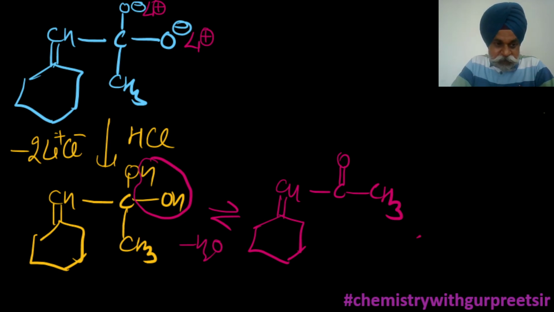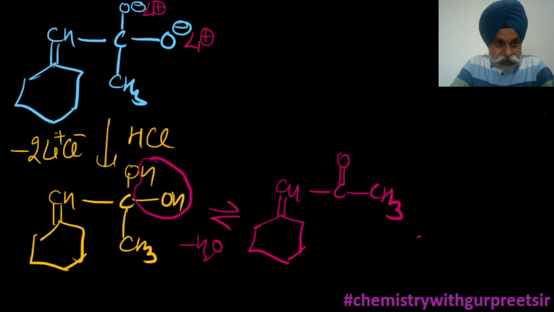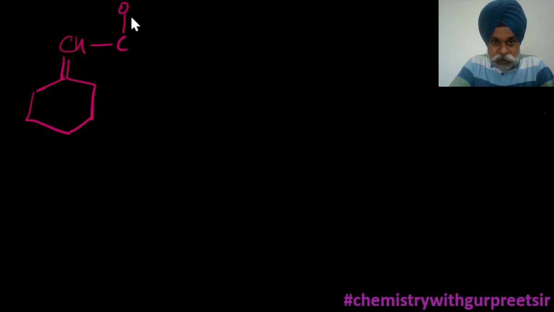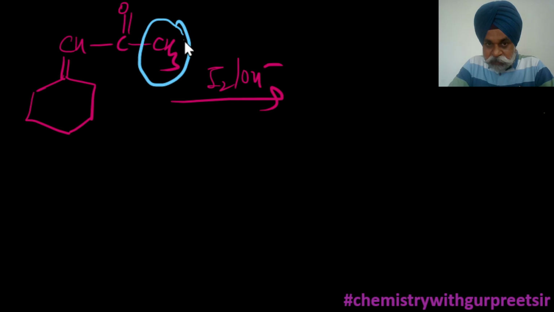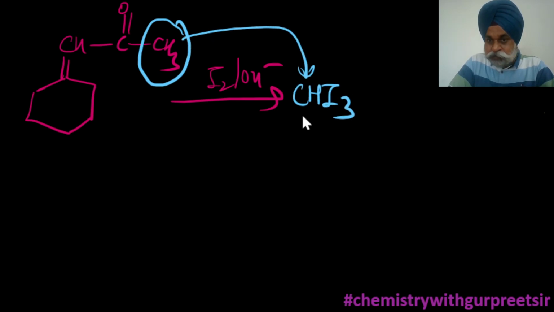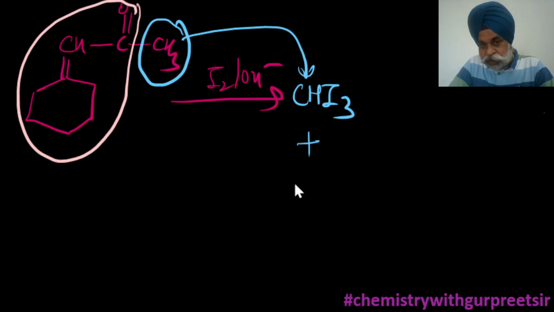Now thereafter the story becomes very easy. This is to be treated with, as we did in the video uploaded a few minutes back today, iodine in presence of OH negative, for which I have already taught you that the CH3 part would convert into CHI3 as a yellow precipitate, and the rest of the molecule would change into the sodium salt of the carboxylic acid, or the salt of the carboxylic acid, whatever the counter ion is.